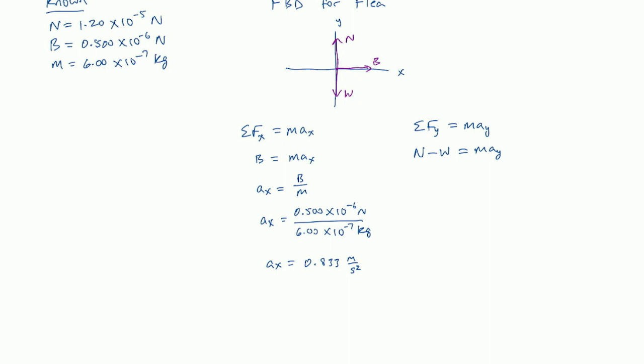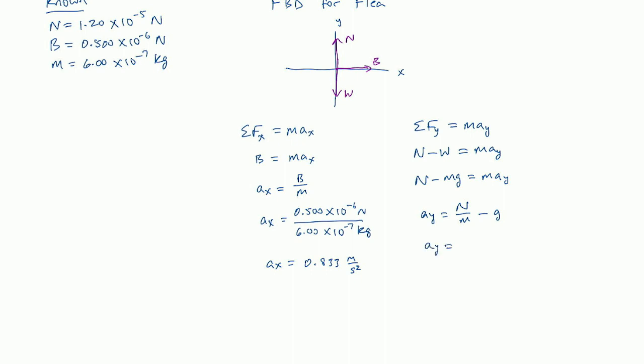We can replace the weight with mg. Weight is equal to mg. Now to find a y, we just need to divide each term by m. We're going to have N divided by m minus mg divided by m. So that's just going to be g.